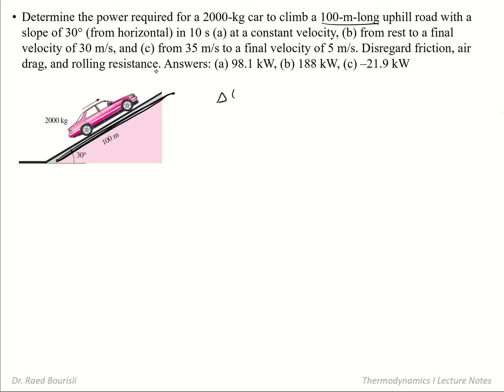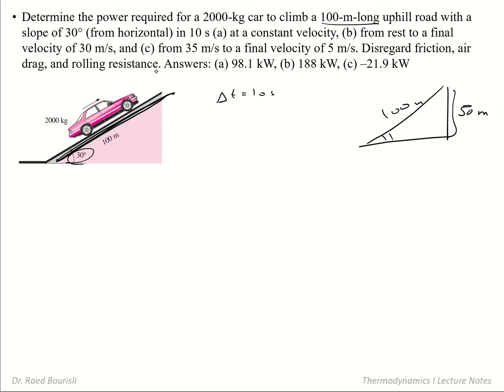So delta t is equal to 10 seconds, and this length is 100 meters, and this angle is 30. So this height is 100 sine 30, which is 1/2, so this is 50 meters.